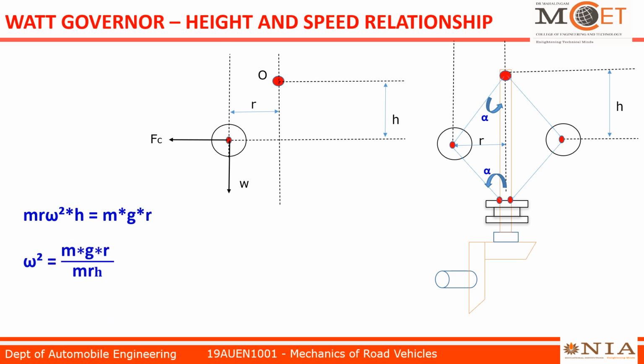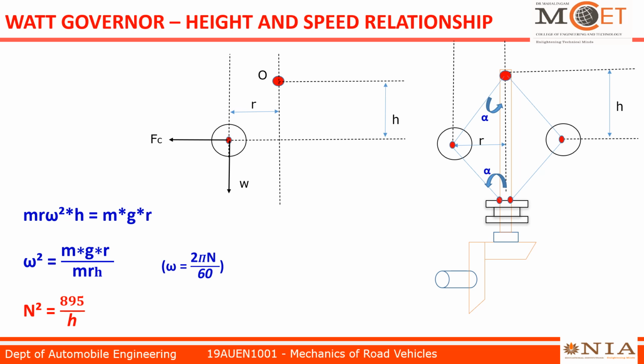Keep omega squared on the left side and bring other things to the right hand side, so omega squared equals m into g into r divided by m r h. We know that omega equals 2 pi n by 60. If we apply this value for omega, we get n squared equals 895 divided by h.